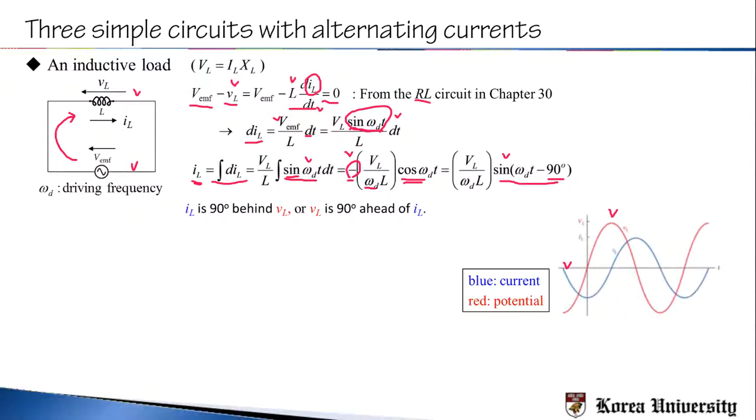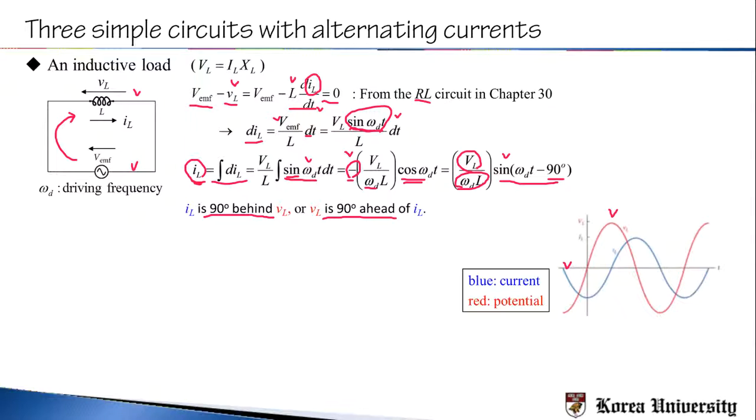So in this case, we can say now current is 90 degrees behind the potential, or in other words, potential is 90 degrees ahead of the current, which is exactly opposite to the case of the capacitor. Okay, and then again, we have the current here, and we have the potential here. So this part is again similar to the resistance.